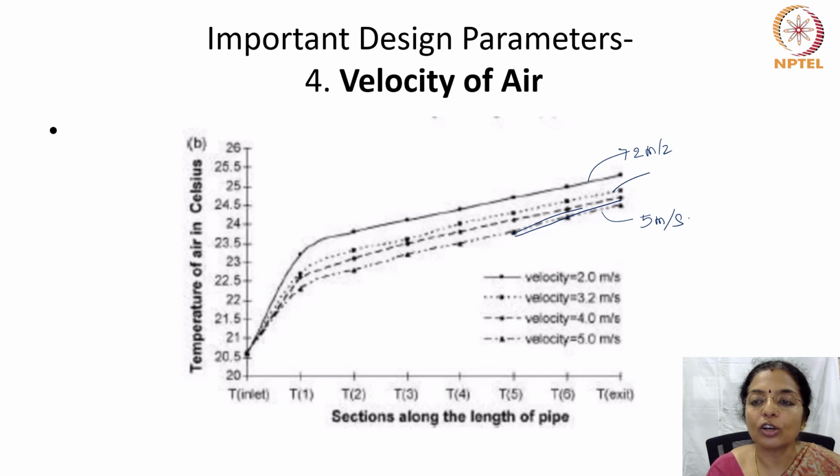The velocity of this air is 3.2 meters per second and this is at 4 meters per second. Now you can see various sections have been used. T1 along the pipe.